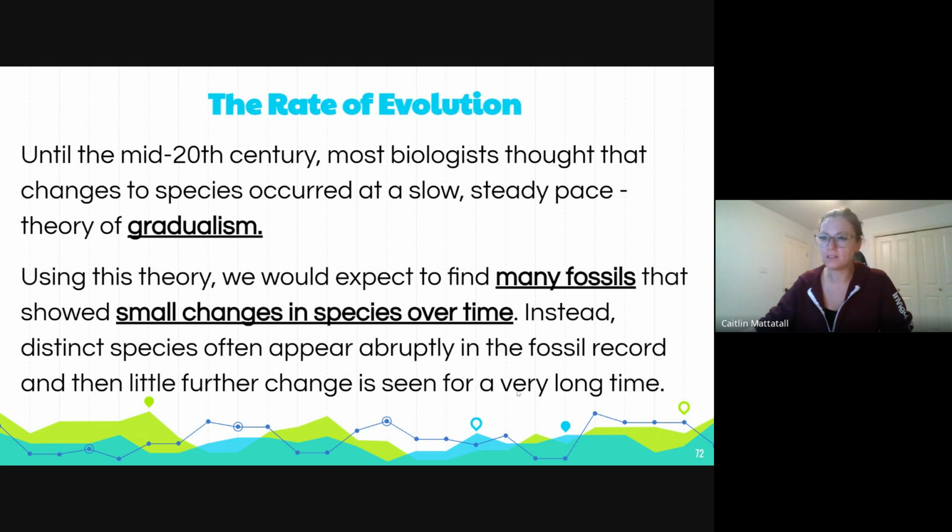There is some evidence of this in the fossil record, but not a ton. So we don't know really what the rate of evolution actually is because the fossil record is incomplete. But this is one theory of how it happens. That it's slow, it's gradual, and we can see the changes in the fossil record.